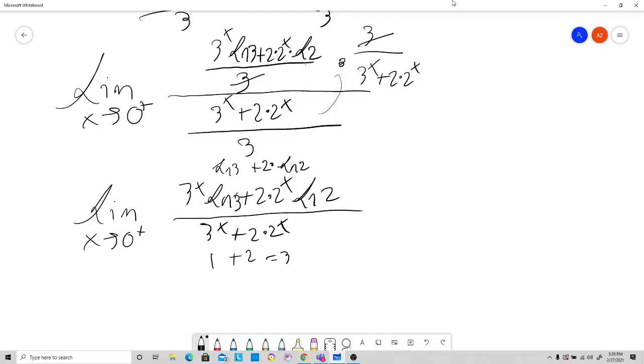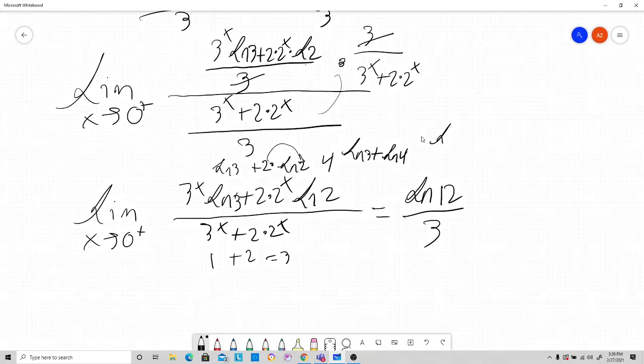And then the denominator will become 3, and this exponent can go up here, and this will become a 4, and then it is the ln of 3 plus the ln of 4, and that means we can simplify this and say that this is going to be the ln of 12. Okay, so now that we have the ln of 12, that would be the value of this limit.